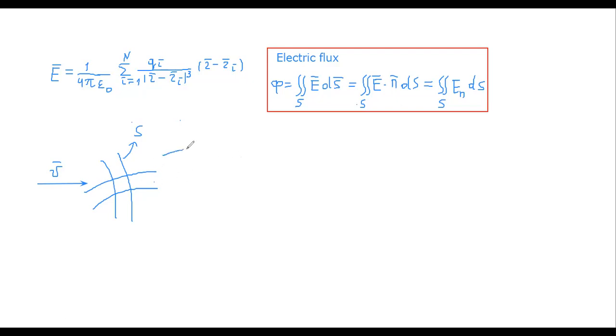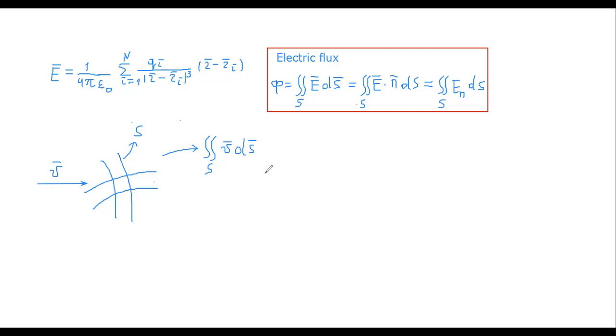This volume can be calculated as surface integral of vector v, the velocity vector of water, by dS.